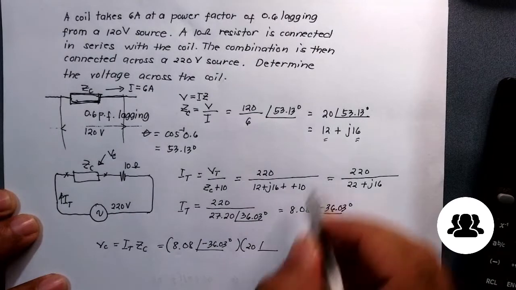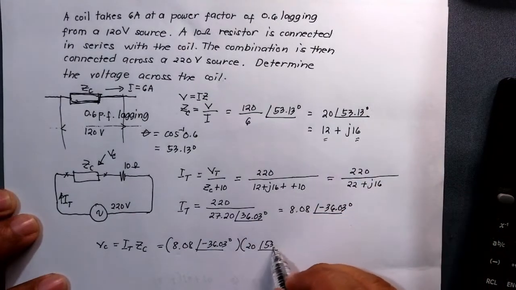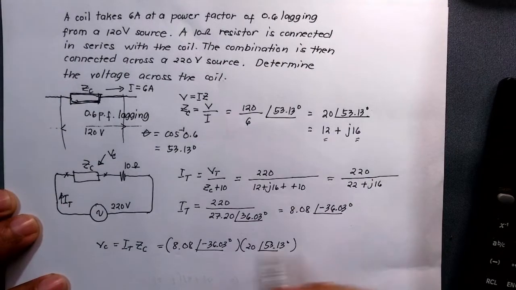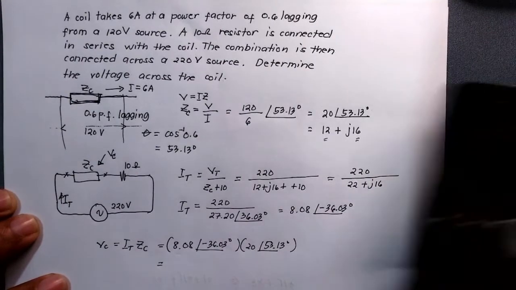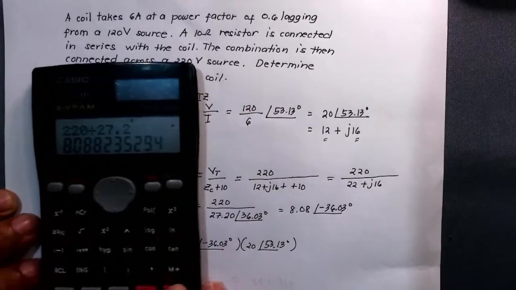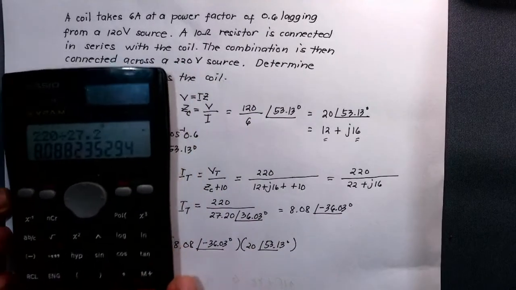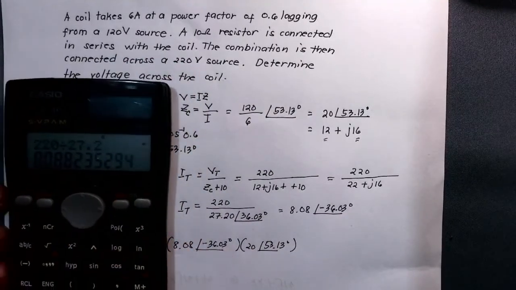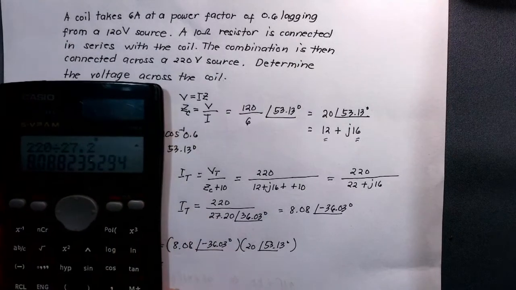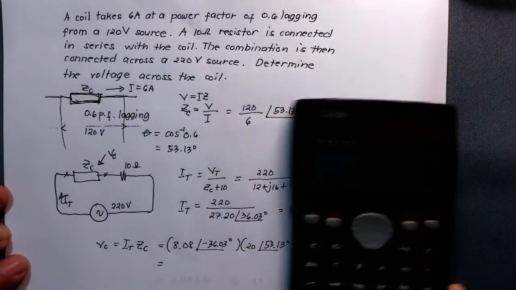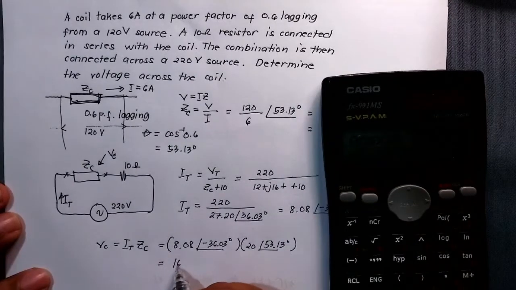I'll use the polar form because it is much easier to conduct multiplication. You multiply the magnitudes, 8.08 times 20, so that is 161.76.